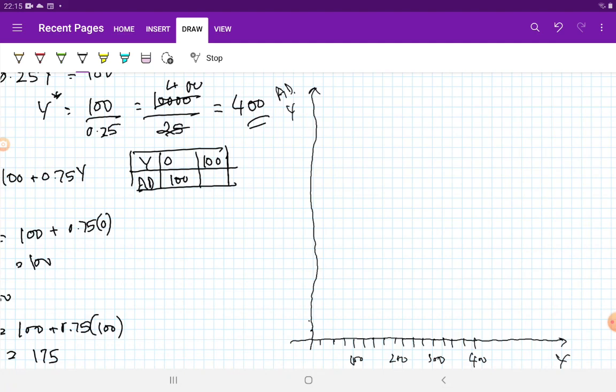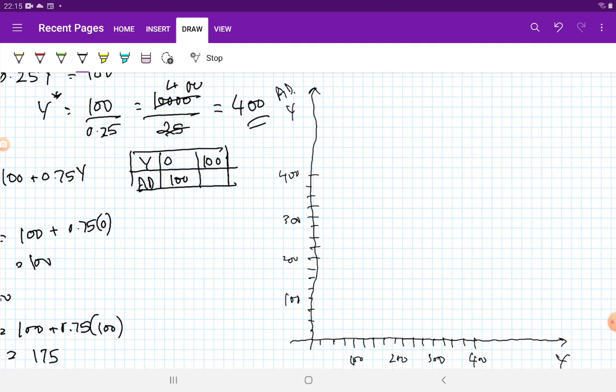So that's 25, 50, 75, 100, 125, 150, 175, 200, 225, 250, 275, 300, 325, 350, 375, 400, and so on. Let me plot my aggregate demand curve.